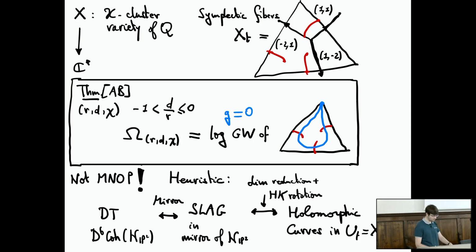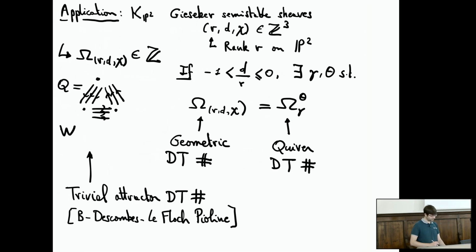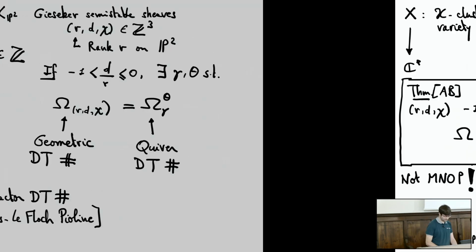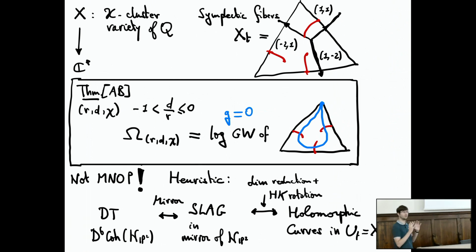If you ask what this geometry is, as we argued, you should look at the X cluster variety of this quiver. This quiver has 3 vertices, so the cluster variety is 3-dimensional in this example.